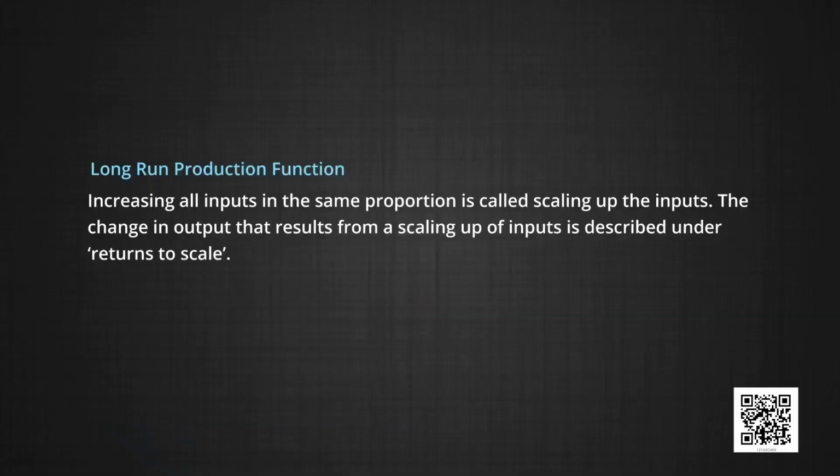As all the factor inputs are variable in the long run, the ratio between various inputs can remain the same at different levels of output. Increasing all inputs in the same proportion is called scaling up the inputs. The change in output that results from a scaling up of inputs is described under returns to scale.